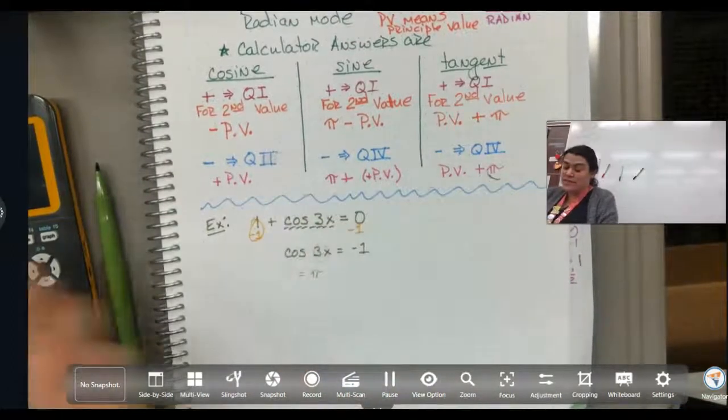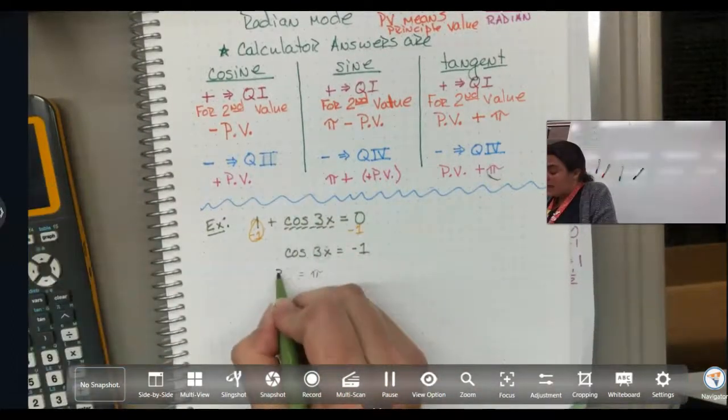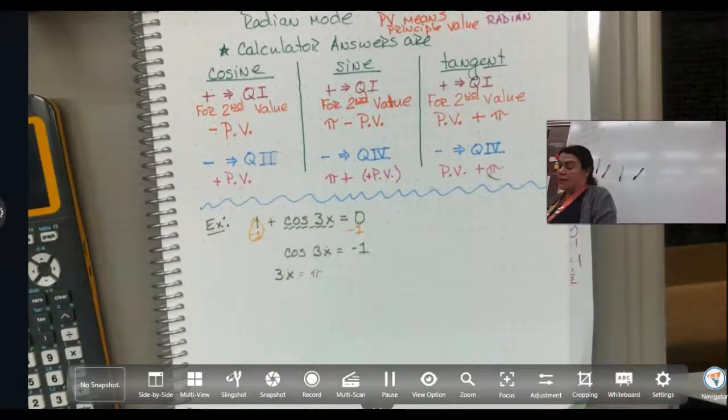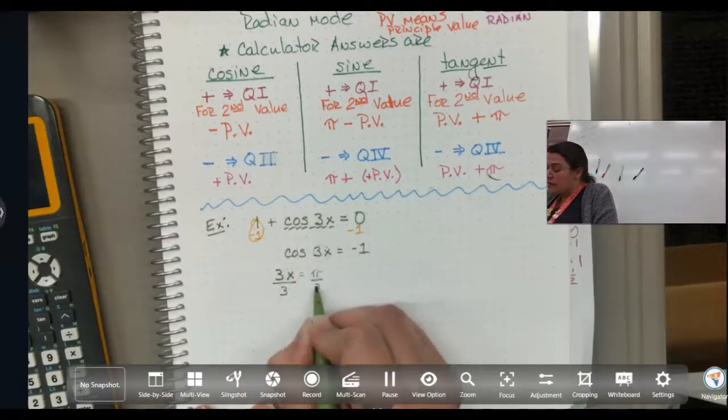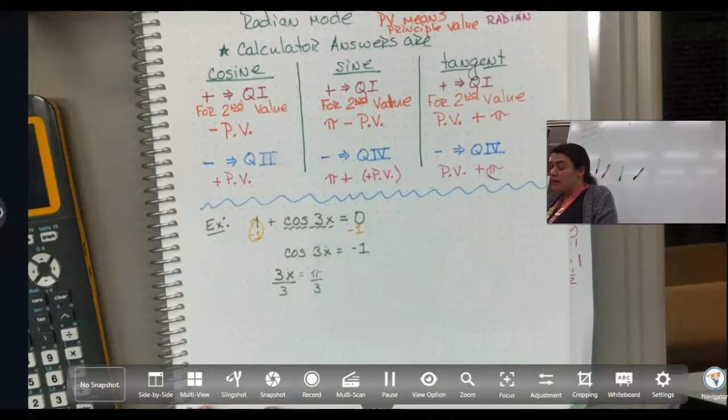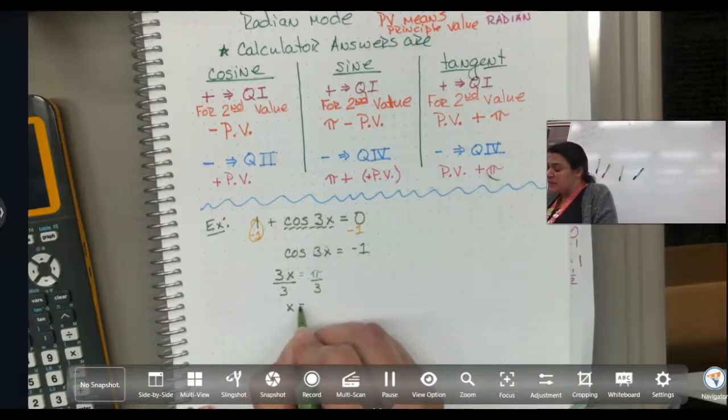So I'm going to turn this into 3x equals pi. I'm going to get rid of that 3 because this is an old school equation. So I divide by 3, I divide by 3, and I find out that x is equal to pi over 3.